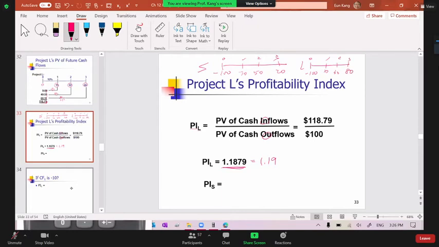I'm not talking about a new project. This is the project we've been talking about. So minus 100 is given. The project is given like this. Then we separate negative cash flow and positive cash flow. So the positive cash flows give the present value of cash inflows, and the outflow is the investment, 100, right? Yeah, good question.